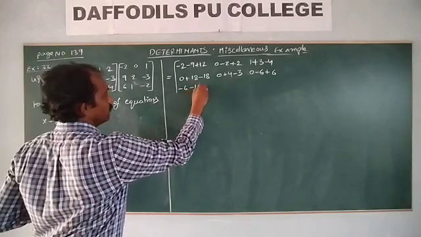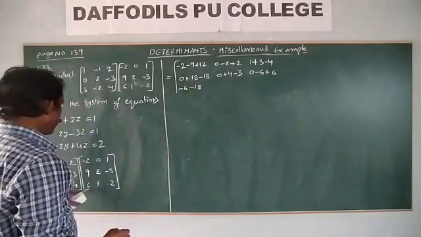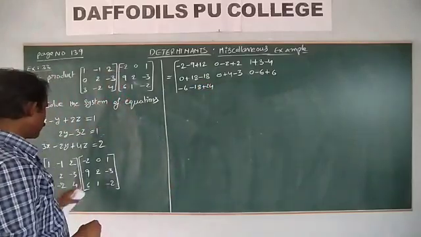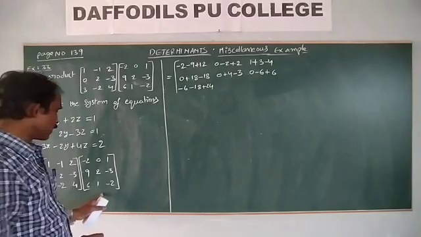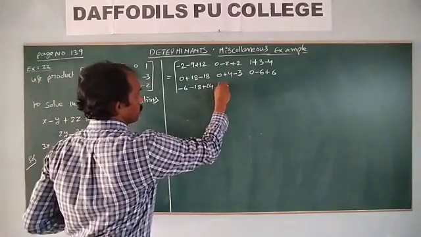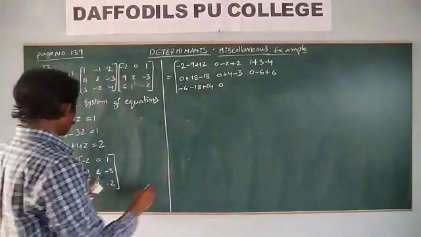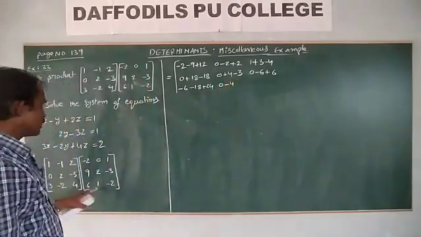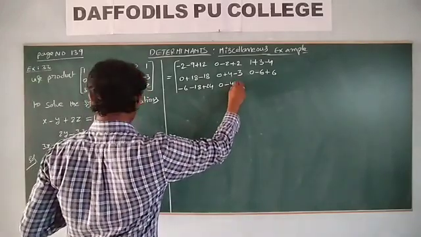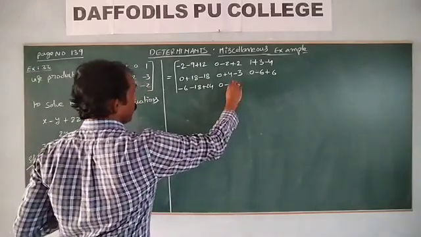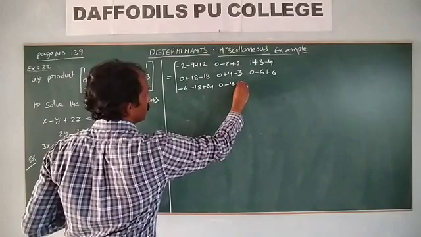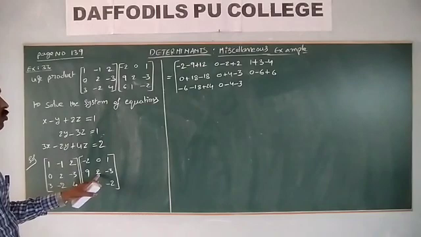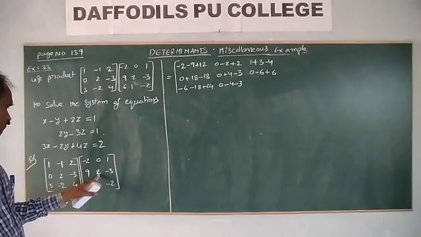Next, third row, second column: 3 into 0 is 0, minus 2 into 2 is minus 4, and minus 3 into 1 is minus 3.